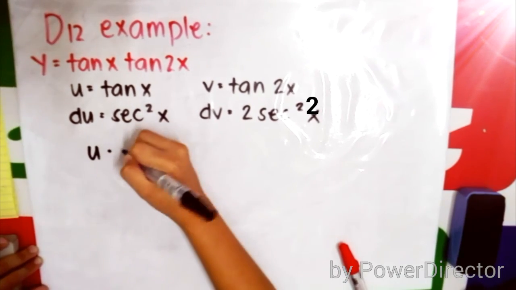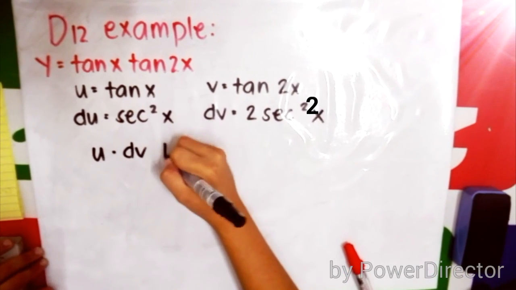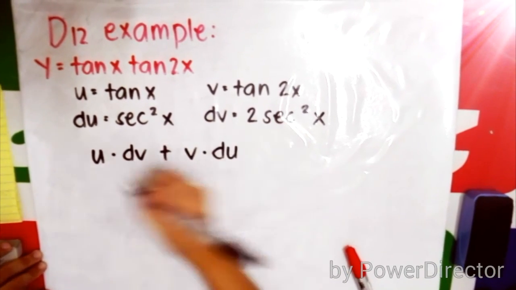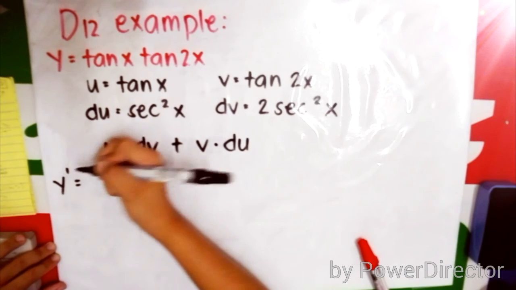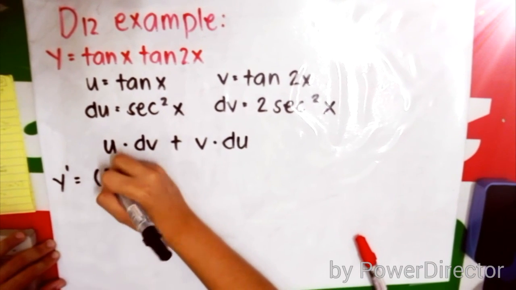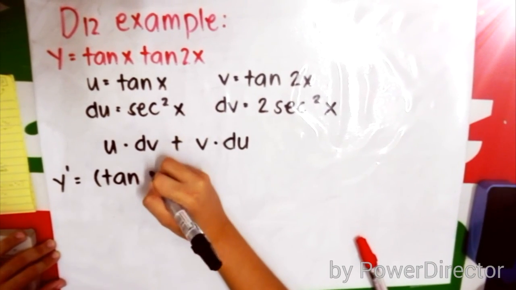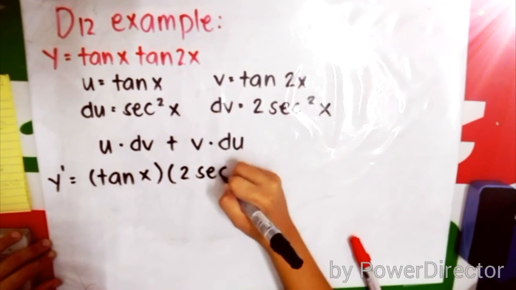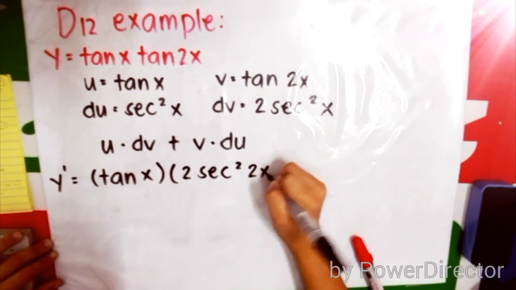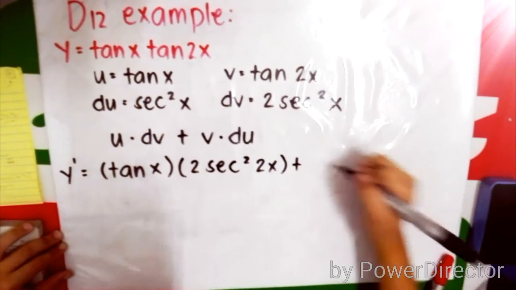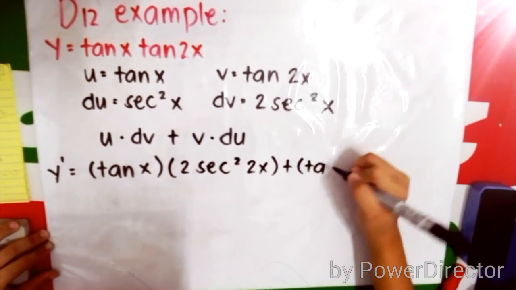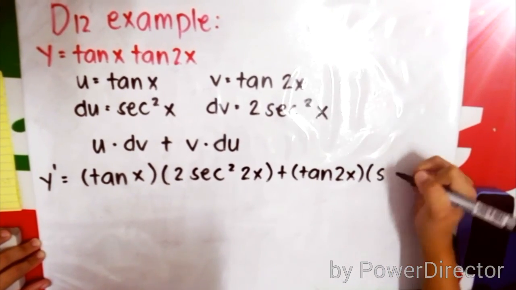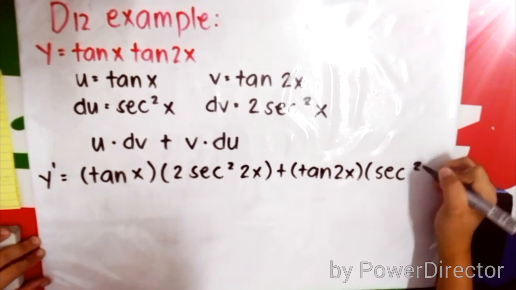For D4, we will apply u multiplied by the derivative of v plus v multiplied by the derivative of u. So we have tan x multiplied by the derivative of v, which is 2 secant squared 2x, plus v, which is tan 2x, multiplied by the derivative of u, which is secant squared x.